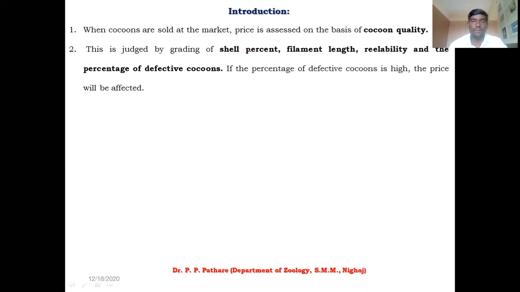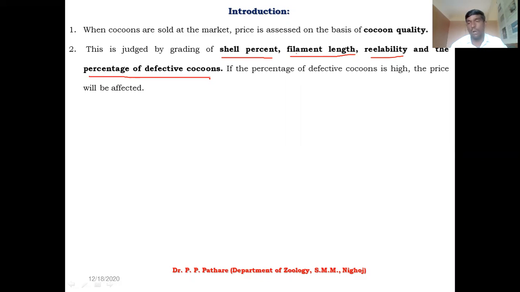For example, shell percentage, filament length, reliability, and percentage of defective cocoon. During the harvesting of cocoon, we get some defective, some unhealthy cocoons. Such types of cocoon do not get a good value, a good price in the market.